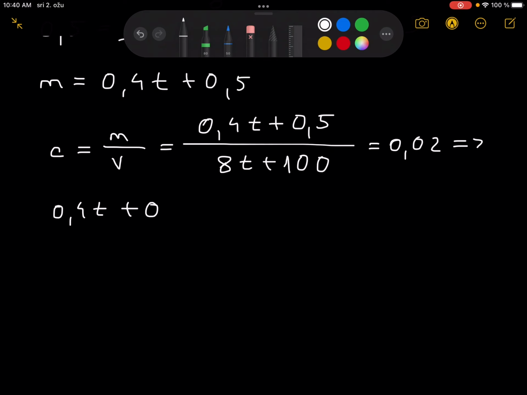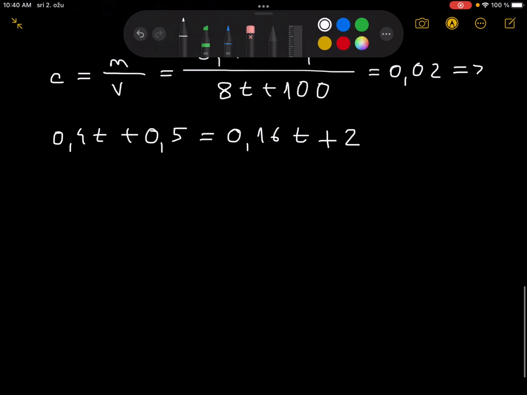From here, we get that 0.4t plus 0.5 is equal to 8 times 0.02, which is 0.16 t, plus 100 times 0.02, which is just equal to 2.